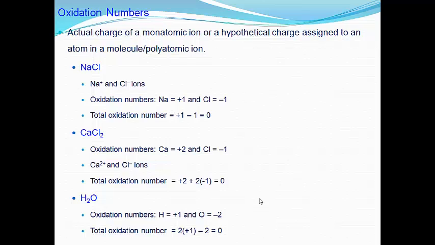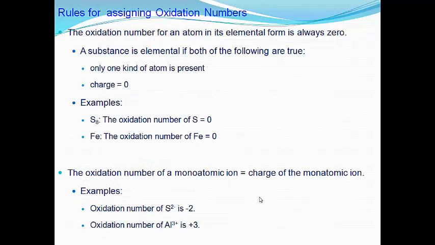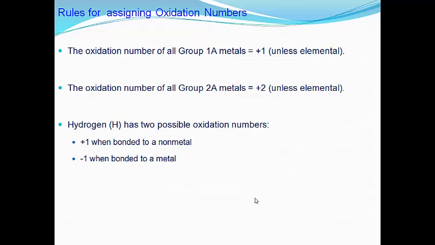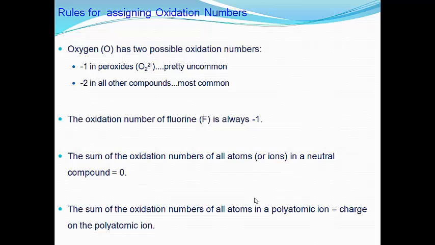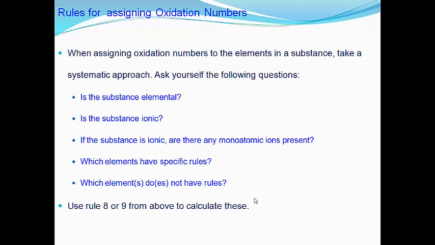These next few slides essentially give an outline of the rules for assigning oxidation numbers, which I'll ask you to refer to eventually, because it forms the basis for you being able to determine the species that are oxidized or reduced in a redox reaction.